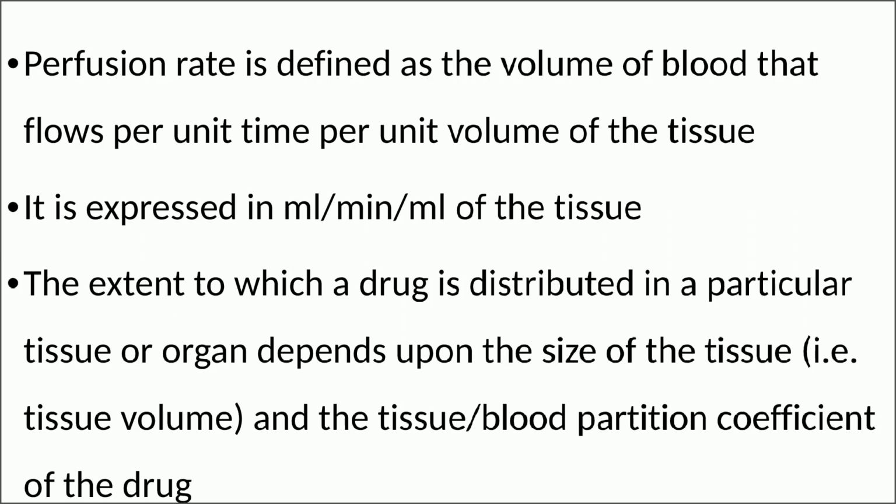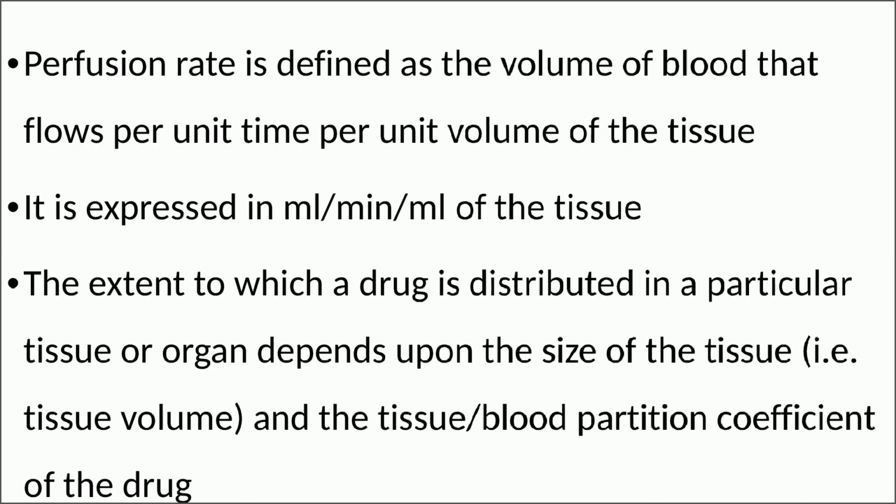The perfusion rate is defined as the volume of blood that flows per unit time per unit volume of the tissue. So basically it is the rate and the amount of blood passing through a particular organ or a particular tissue. It is expressed in ml per minute per ml of the tissue.